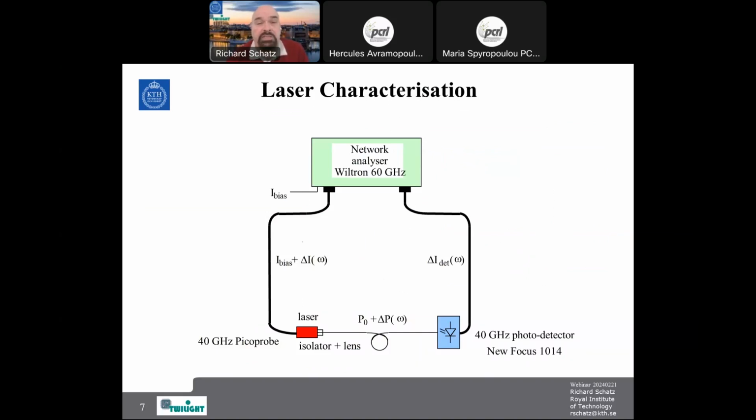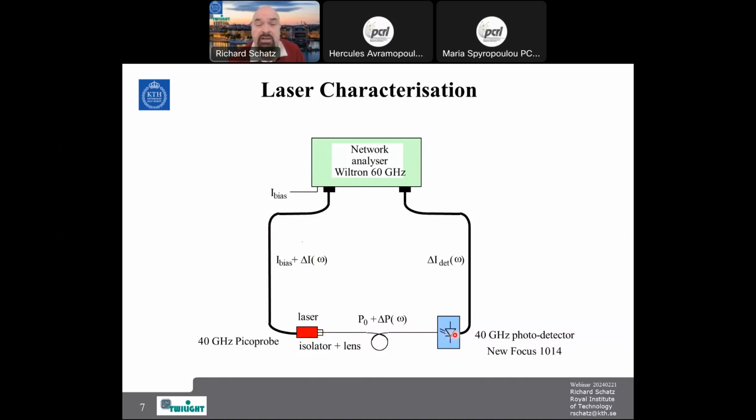When you want to measure the laser, you normally measure its modulation response. That's the transfer function of a laser in the frequency domain. Then you use a network analyzer, and you send out a small sinusoidal signal to the laser and see how the laser reacts to this sinusoidal signal.